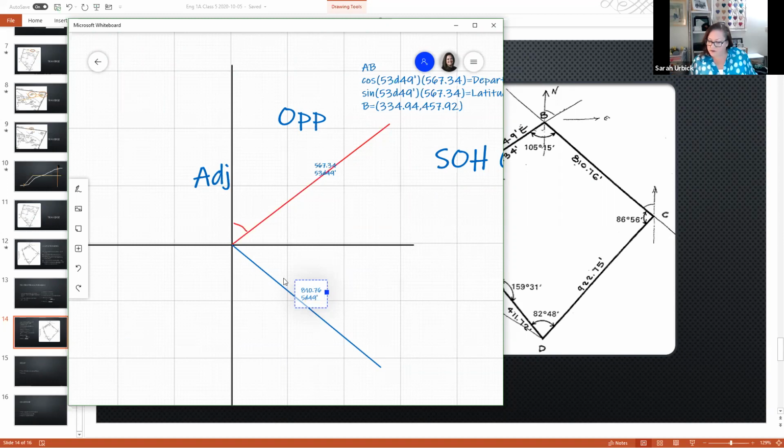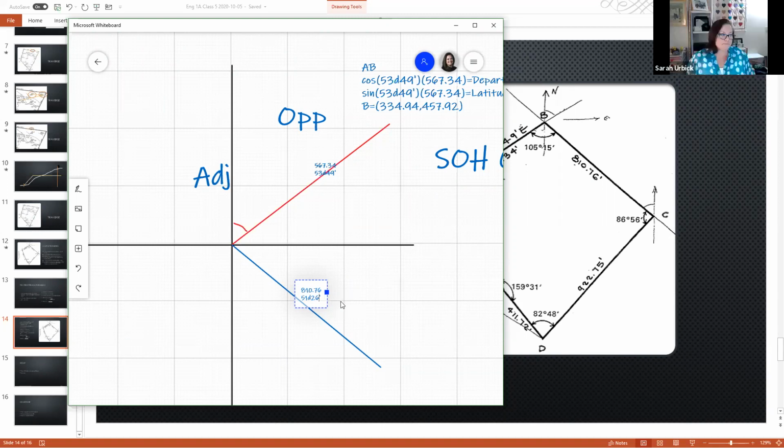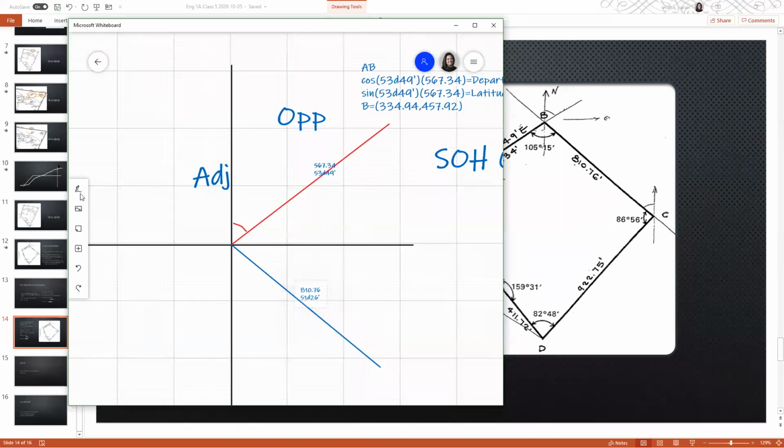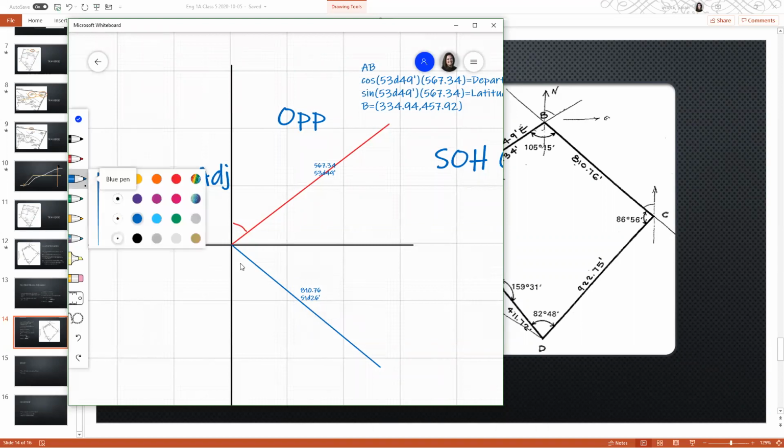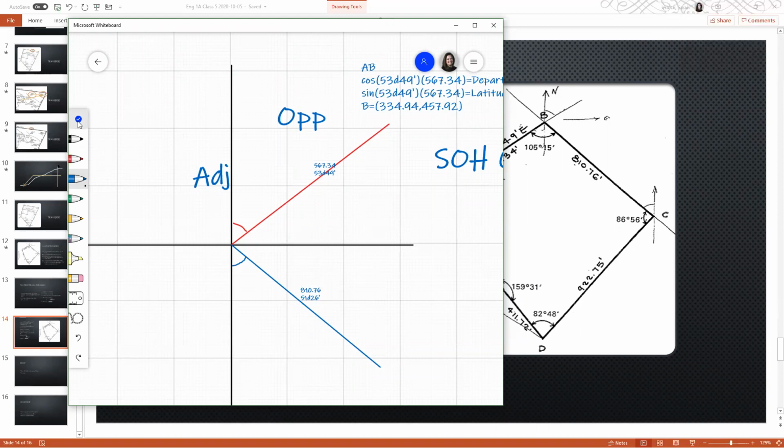And my bearing was 51 degrees and 26 minutes. Okay. With me? Yeah, I'm with you. Okay, that's one. All right, we know that this angle is our 51.26.